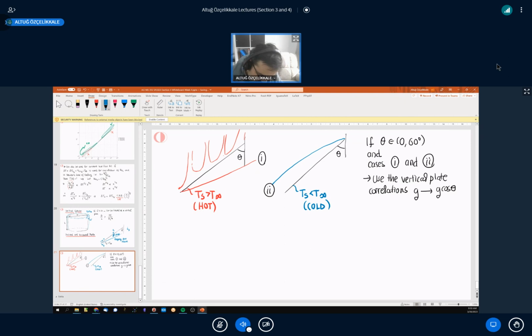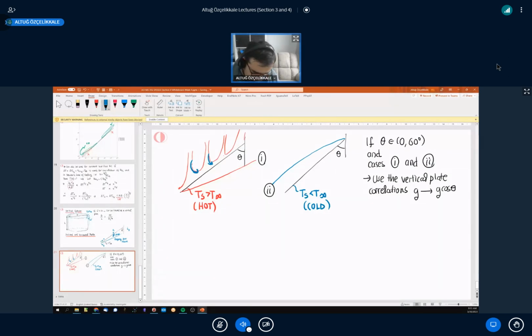Because this hot fluid is moving up, there's going to be cold fluid coming in and filling in that space. There's going to be this enhanced effect of motion that's going to result in enhanced heat transfer. And the same thing occurs in the other cases as well.